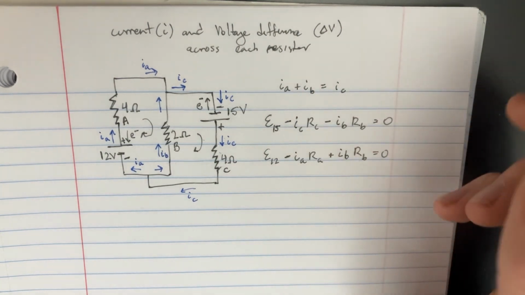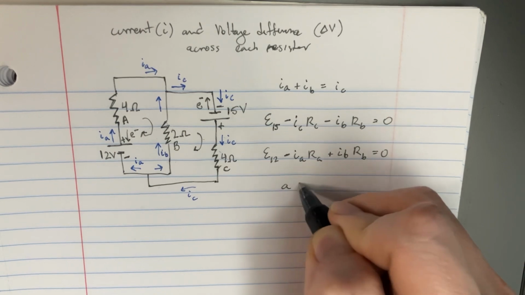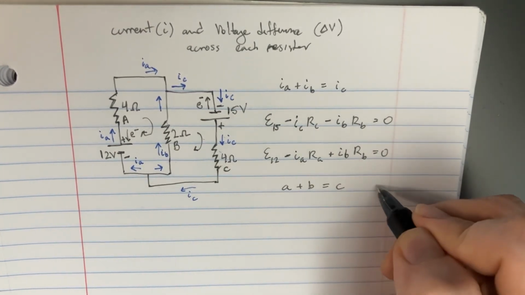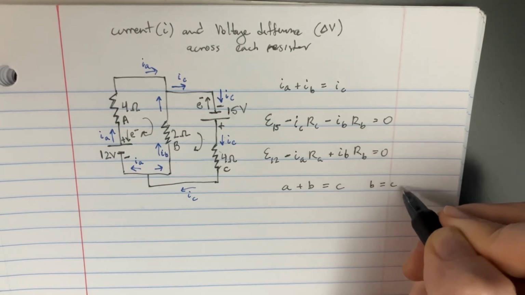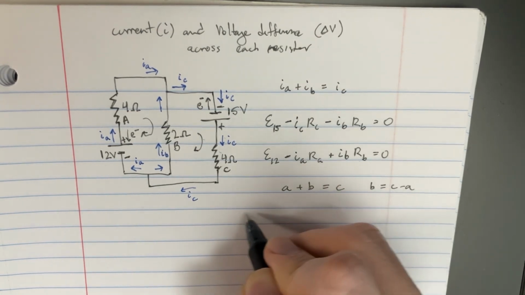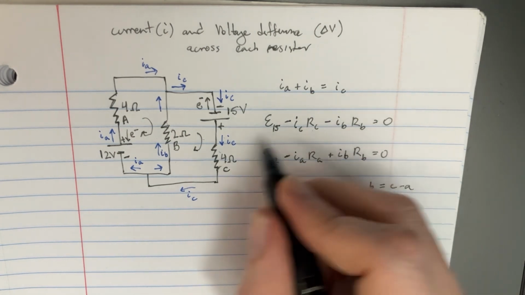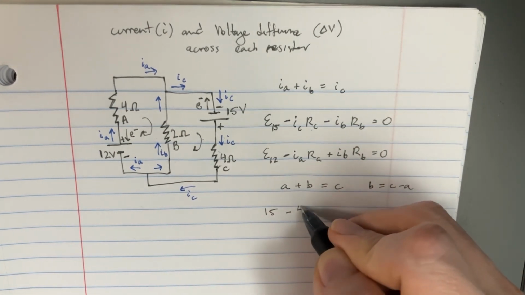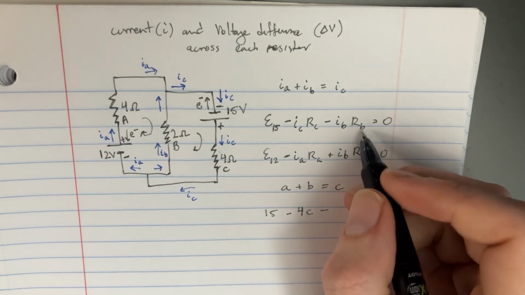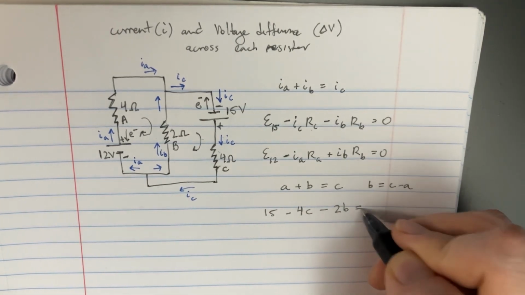Let's try to represent these in really easy variables. You'll see how simple it'll be to solve. A plus B equals C, which we should arrange for B equals C minus A ahead of time. The other ones will be 15 minus RC is 4, times C, minus RB is 2, times B, equal to 0.